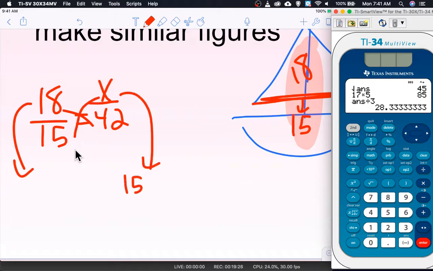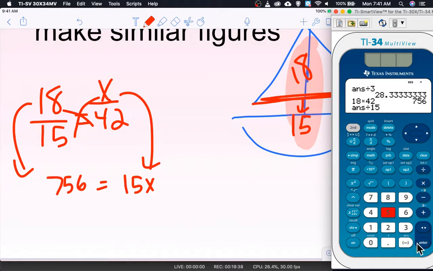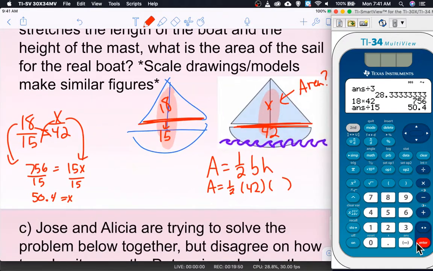This side is 15x. That side is whatever 18 times 42 is, 756. And then we're going to divide by 15 on both sides when we solve this equation. And x equals 50.4 feet is our unit.